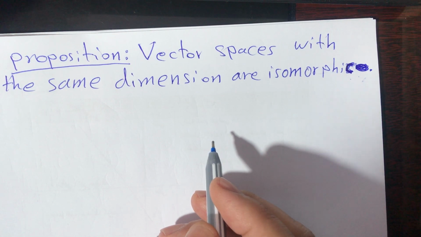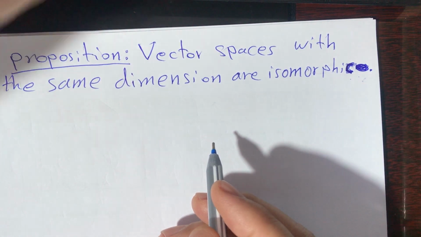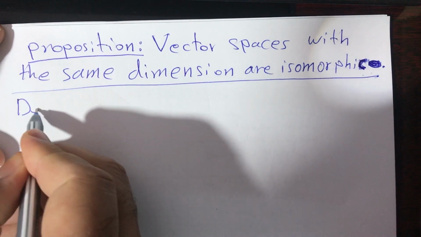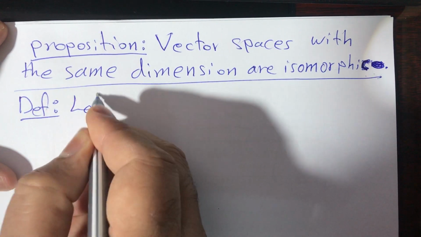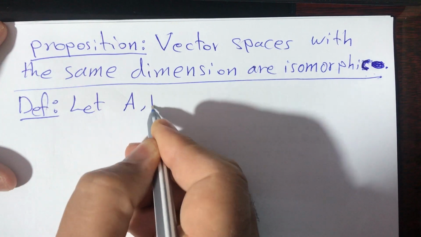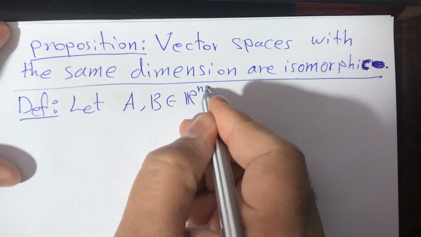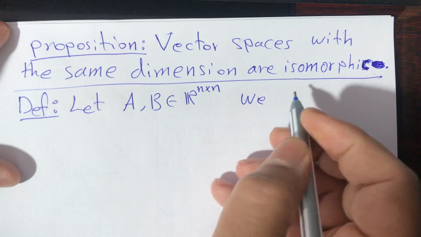Now we take similar matrices. Take the definition. Let A, B belong to R^(n times n), the same square matrices.